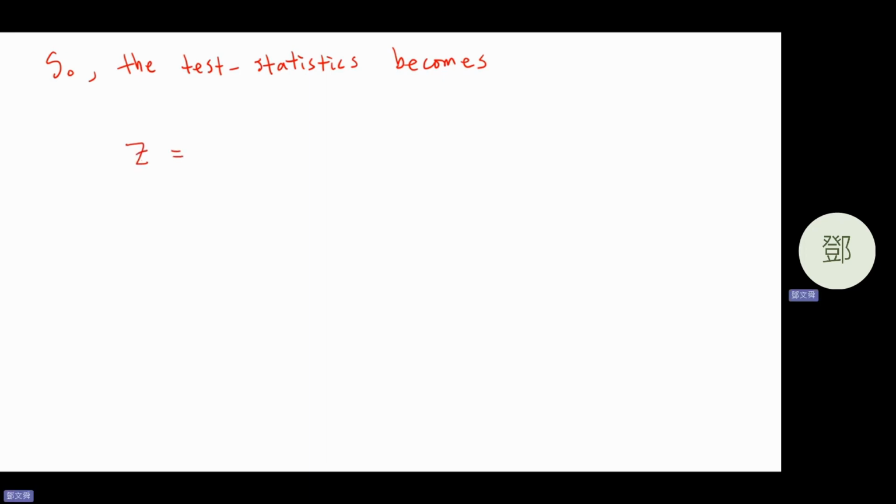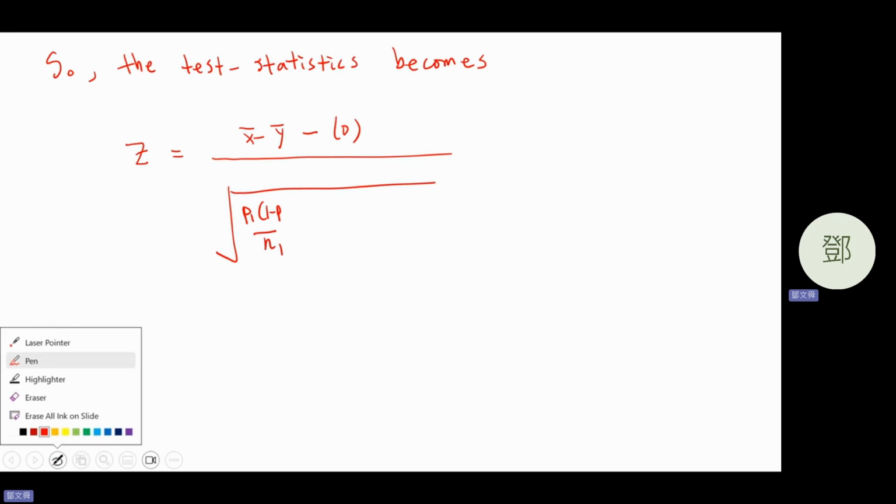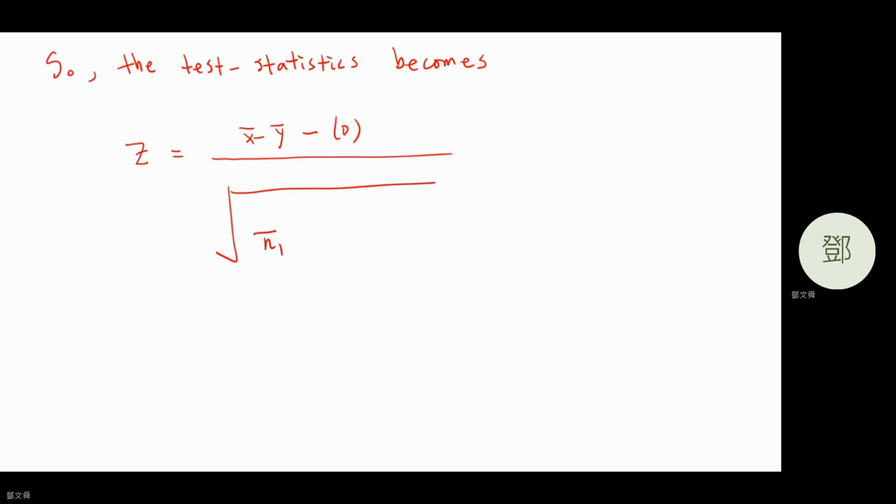Z equals X bar minus Y bar minus 0, divided by the square root of N1 P hat (1 minus P hat) plus N2 P hat (1 minus P hat).